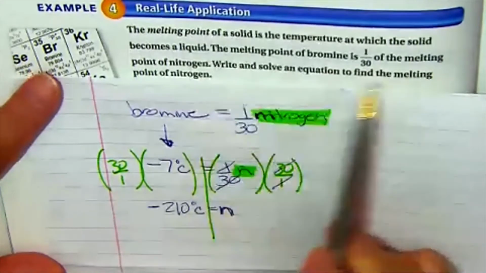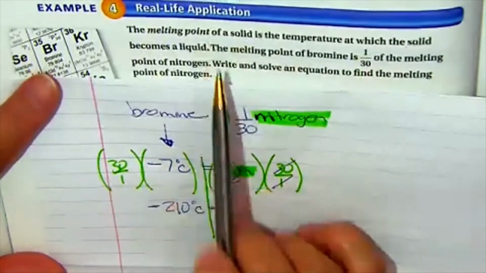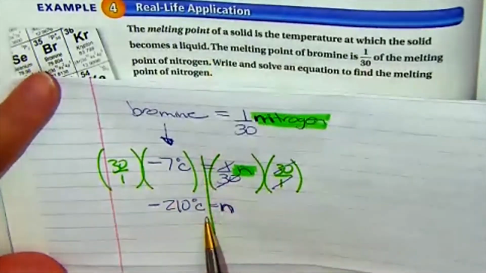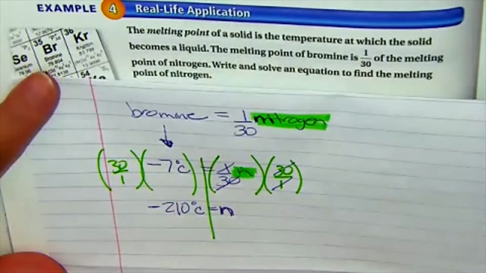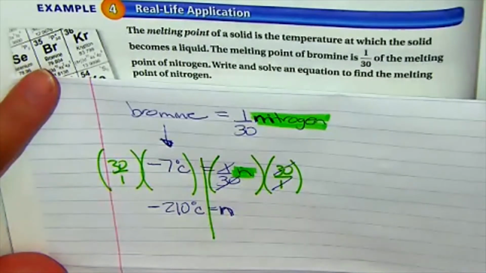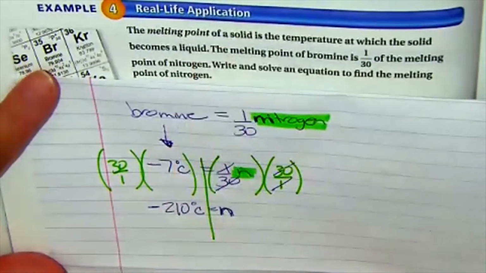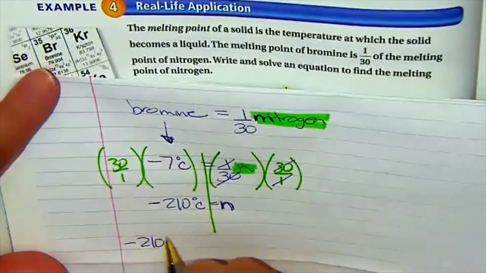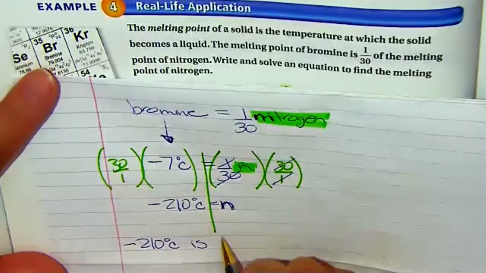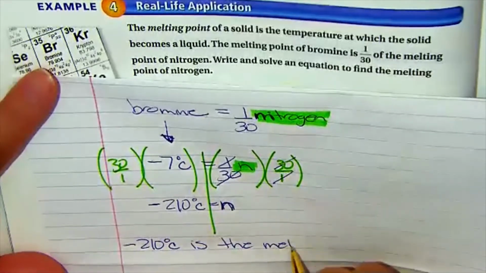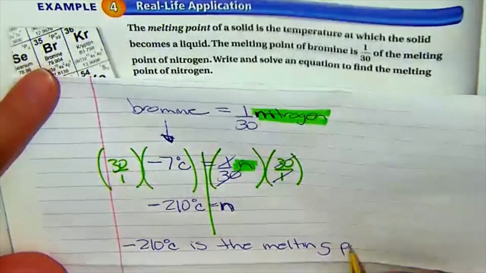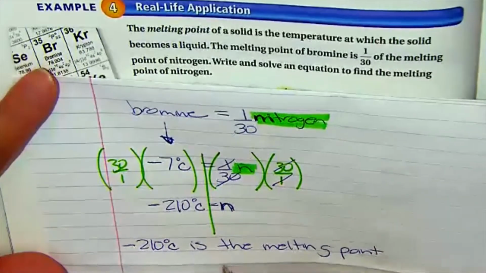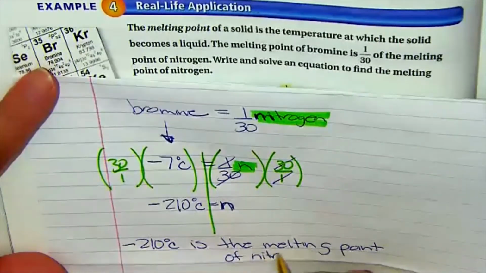Well, since they gave us a word problem, we turned it to numbers, we solved it. We now need a word answer. Word problems dictate word answers. So -210 degrees Celsius is the melting point of nitrogen.